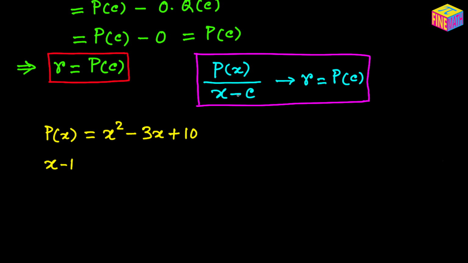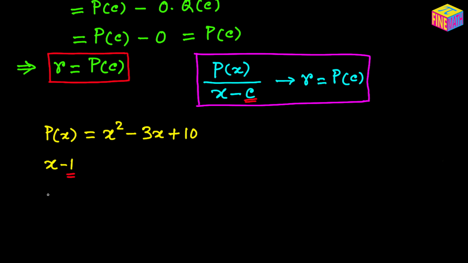All right. Now, if you look at this picture, right here, where we say x minus c, and here we have x minus 1. So this 1 corresponds to the c, as in our theory. In our theory, we say that if we divide the polynomial by x minus c, then the remainder is p of c. So in this case, this 1 is equivalent to the c. So what would be the remainder then?